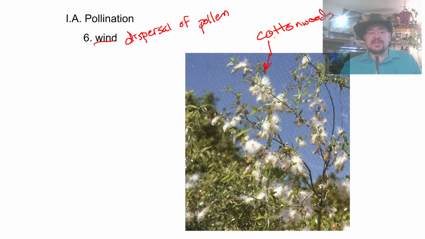The cottonwoods are actually seeds, but interestingly enough, cottonwood pollen is also wind dispersed. So that's pretty cool. So in the spring, the cottonwood pollen gets distributed amongst the wind, and in the summer, the seeds get distributed. So it's pretty cool.